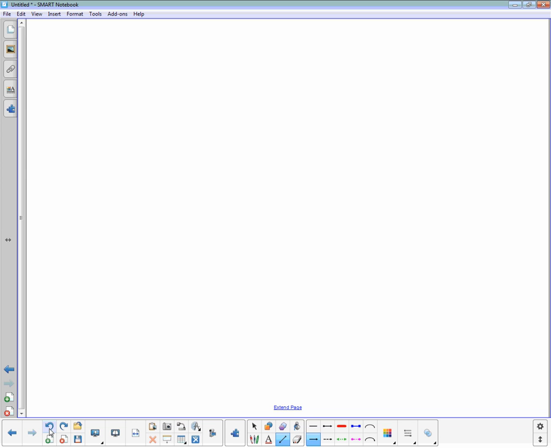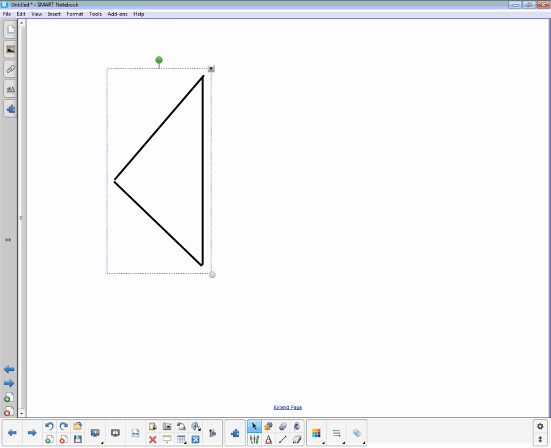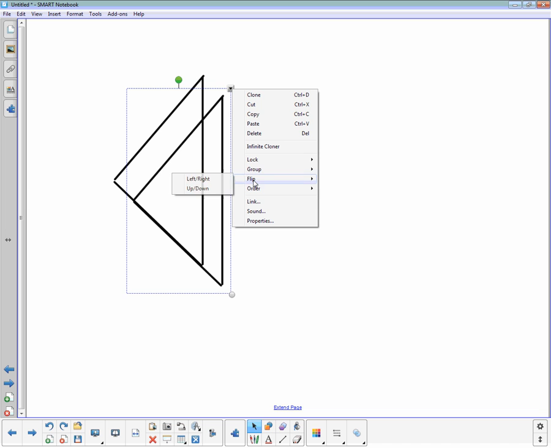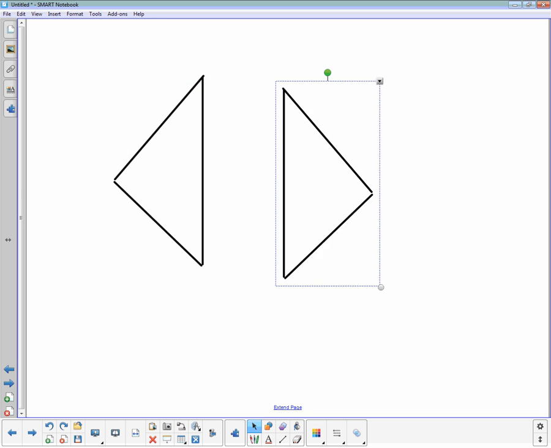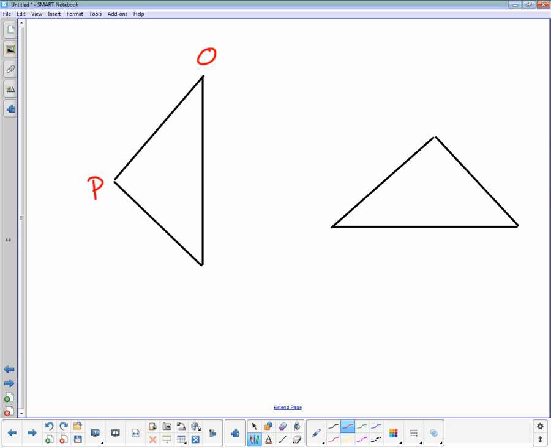Nope. Actually, that almost looks like isosceles, doesn't it?